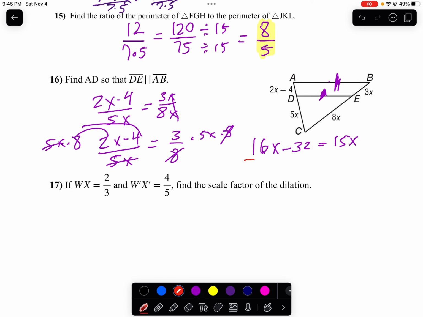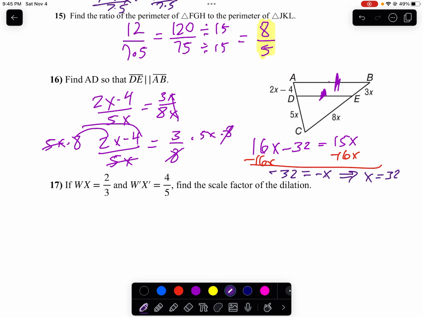Then I'll subtract 16x from both sides. We end up with negative 32 equals negative x, which really means x equals 32.